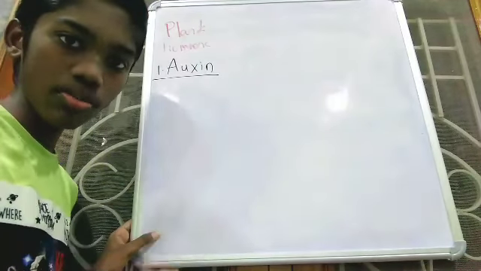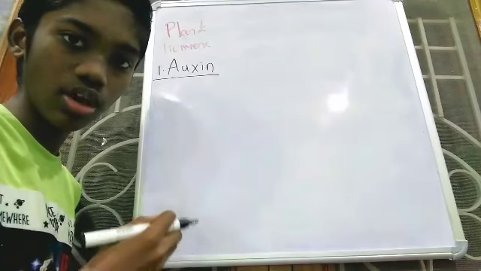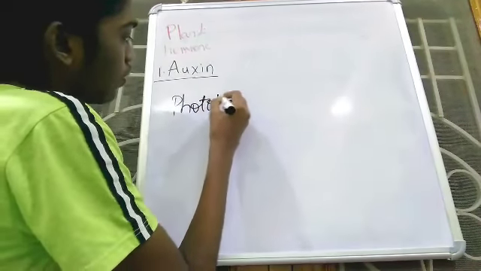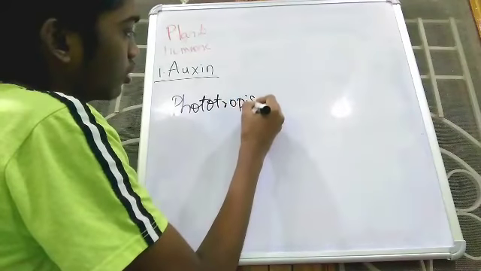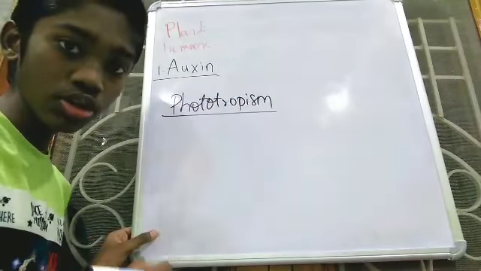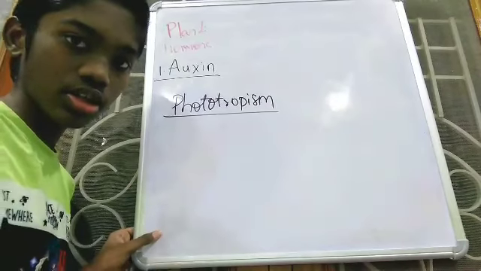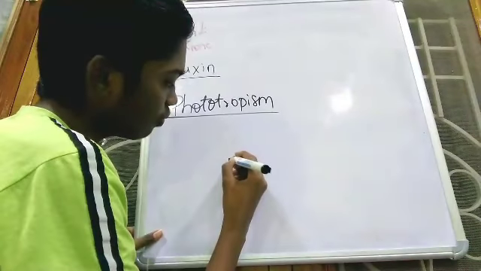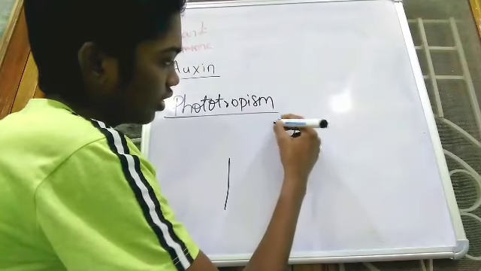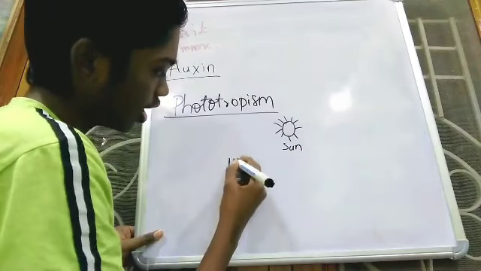It is a plant hormone that helps in the process of phototropism. What is phototropism? Phototropism is the process of bending of plant towards the sunlight. This is a sun and this is a plant.